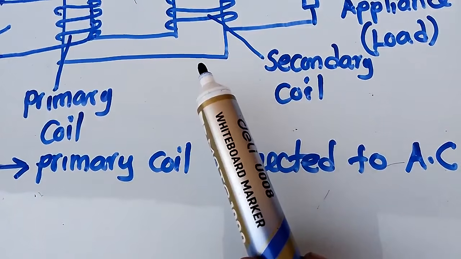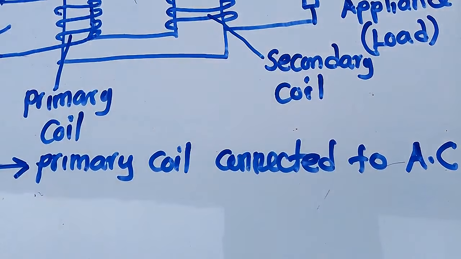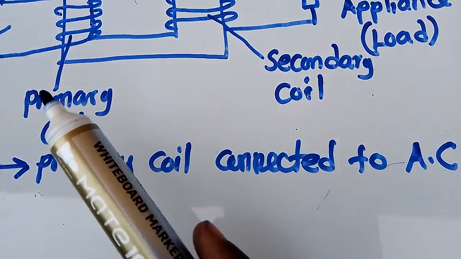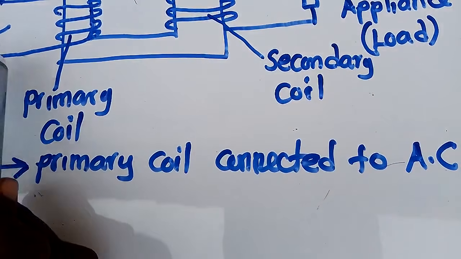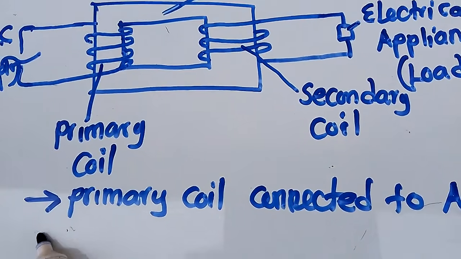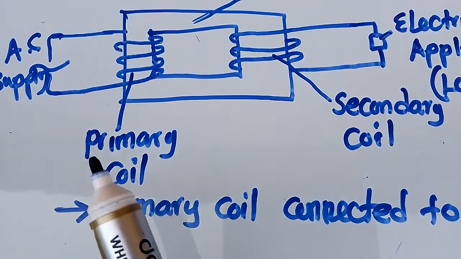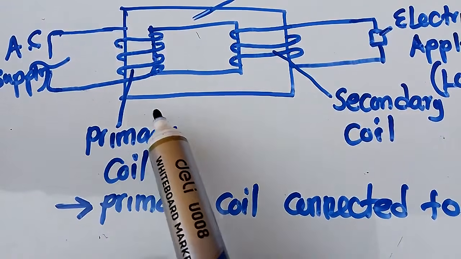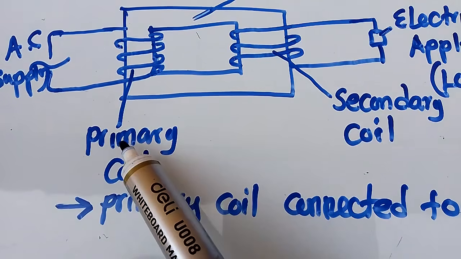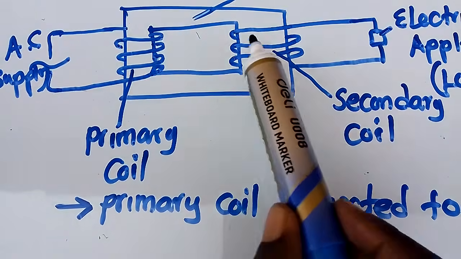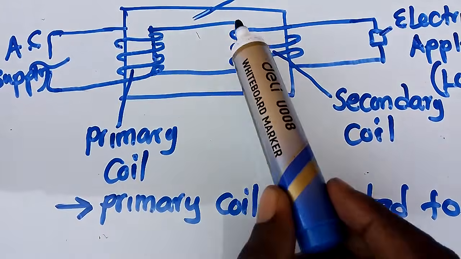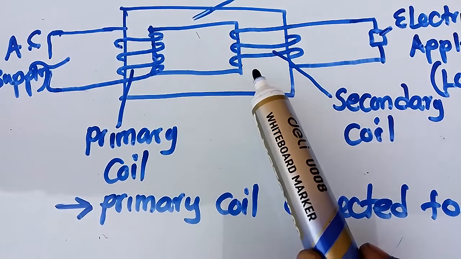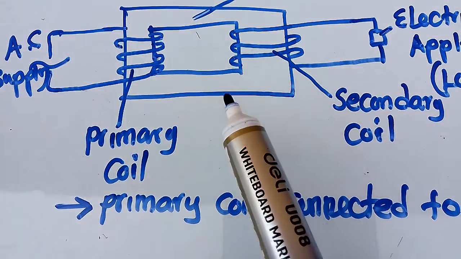And these magnetic fields which are produced change the direction of the magnetic field frequency.